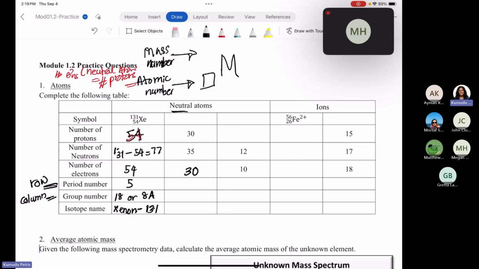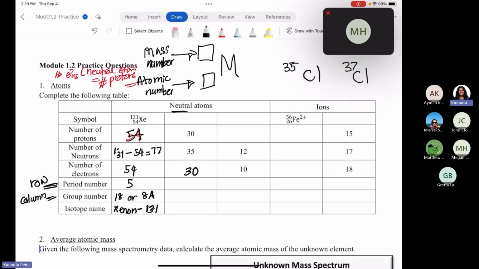As an example, chlorine can be chlorine-35 or chlorine-37. They are just the same element, but some atoms have 17 neutrons, while other atoms of chlorine have 19 neutrons.